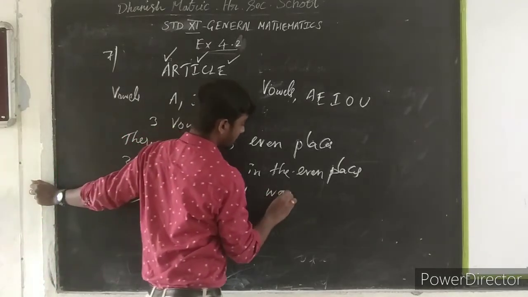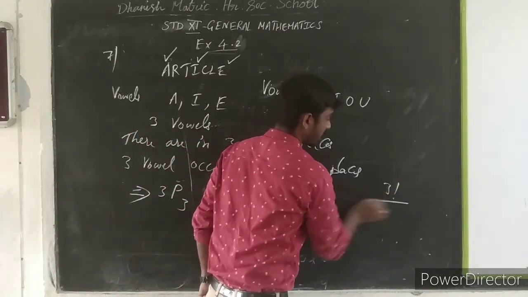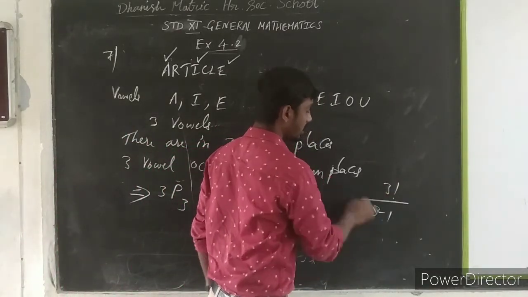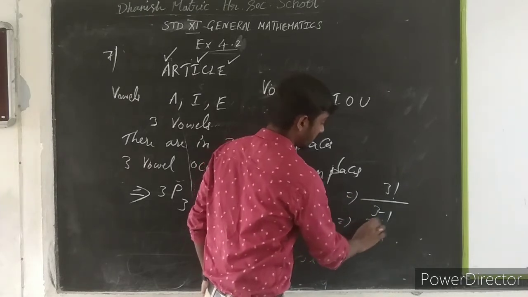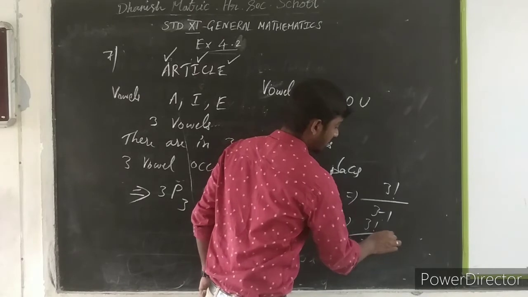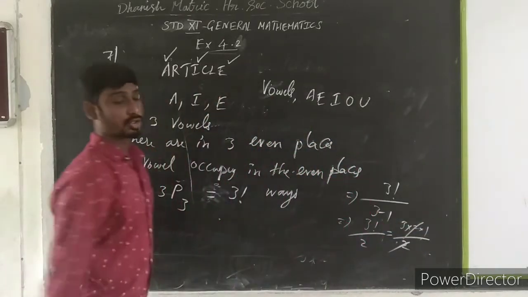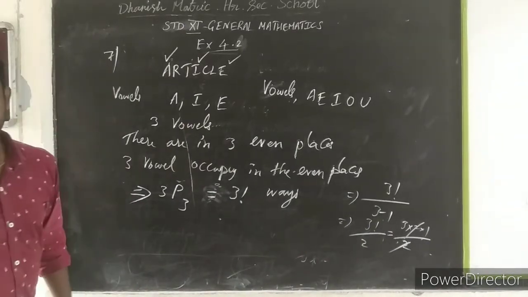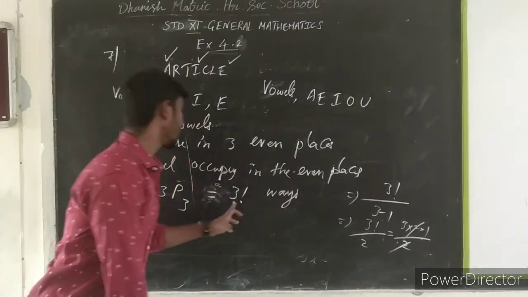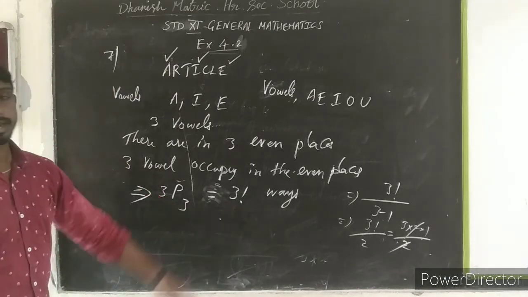Because you write 3 factorial divided by 3 minus 3 factorial; 3 into 2 into 1 cancels, and you simply get 3 factorial, written in short form.